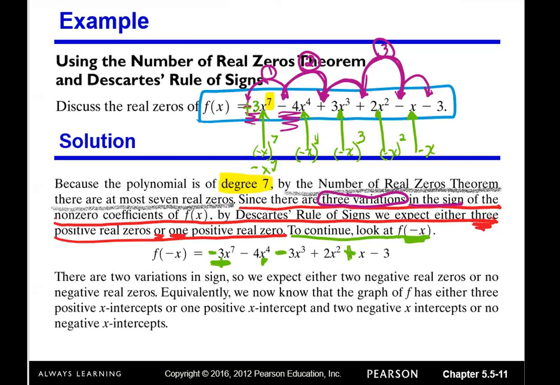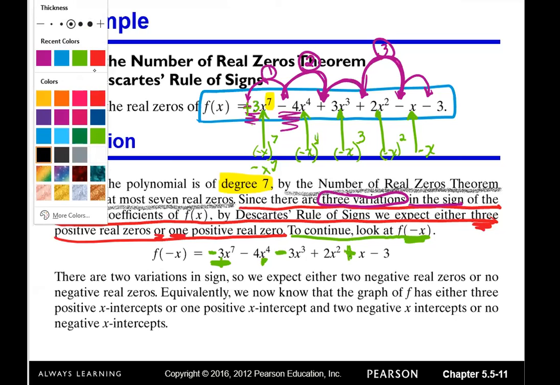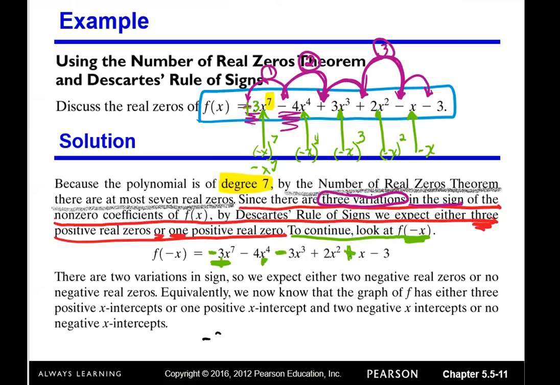And now I have to look at the variations. Let me go back to purple. I'm going to rewrite this one down here so I can draw on it again. I got negative 3x to the 7th minus 4x to the 4th minus 3x cubed plus 2x squared plus x minus 3.